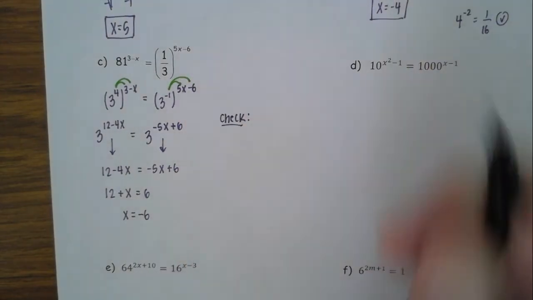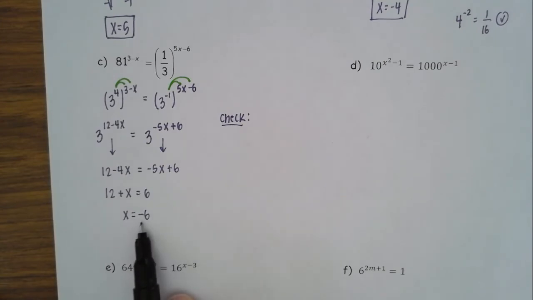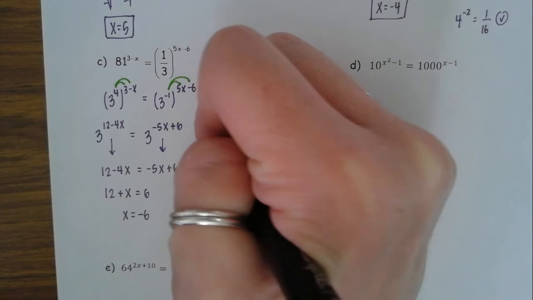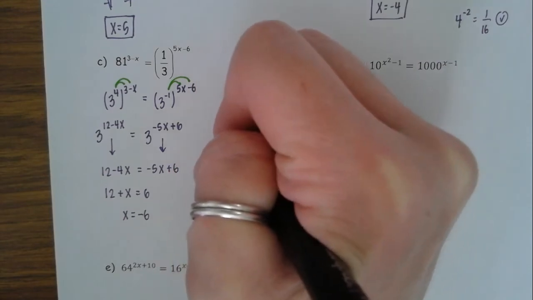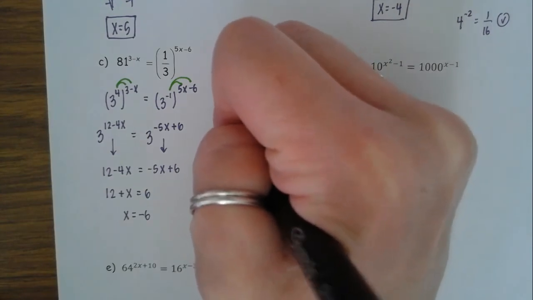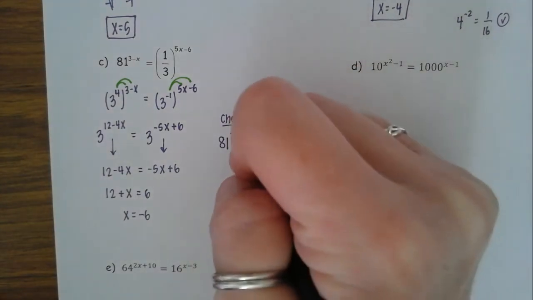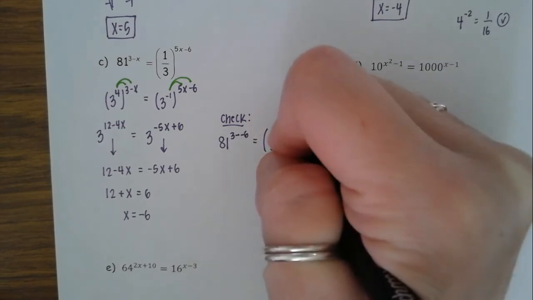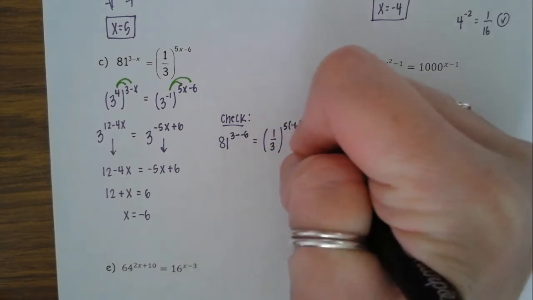I just have to be a little bit careful with the check here, because when I substitute it back in on the left-hand side, I'm going to have to be careful about that negative, because this is really 81 to the 3 minus the x value of negative 6. So 3 minus negative 6. And then on the right-hand side, this is going to be 1/3 raised to the 5 times negative 6 minus 6.